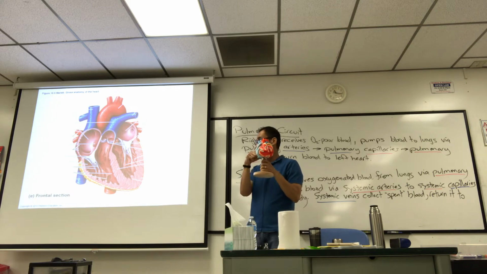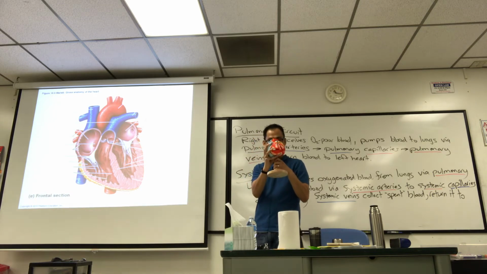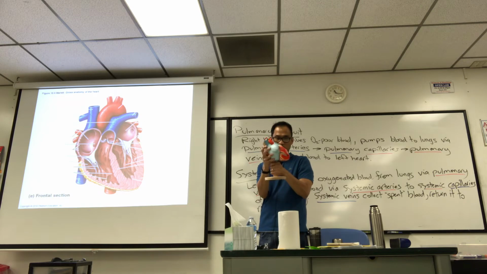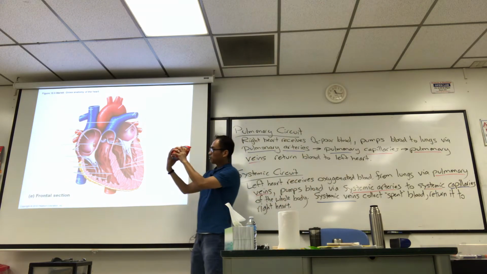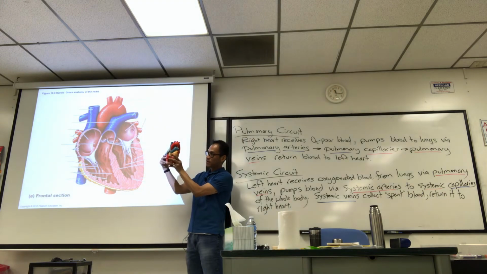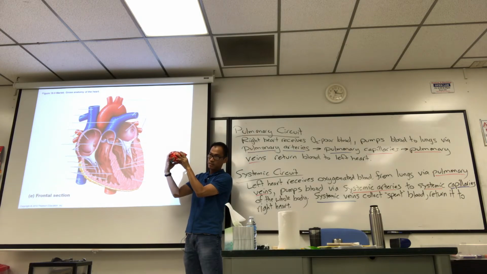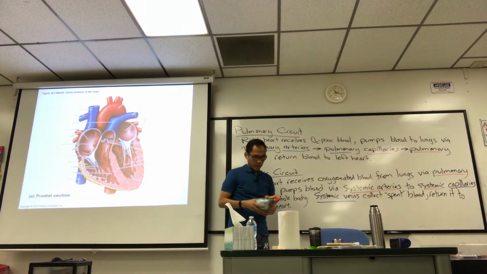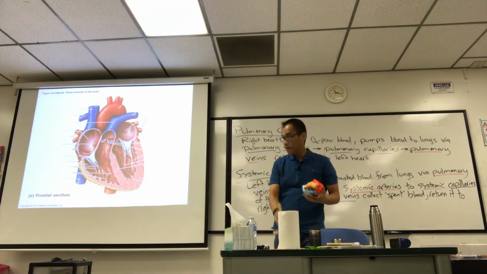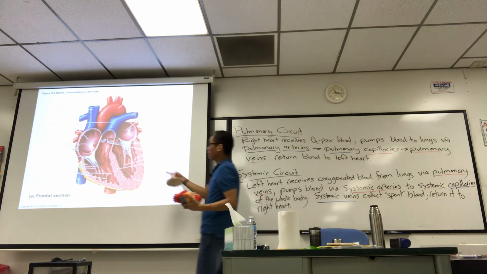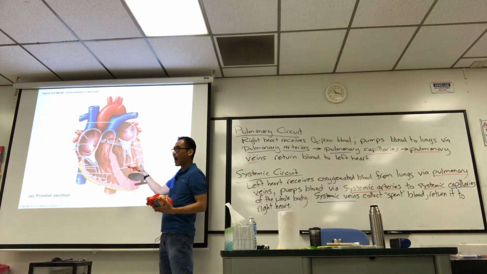So if I make this match that, if I take it off, the picture kind of makes the heart go like that. So you have a more frontal view of everything. But really in the body, it sits like this. So this is correct how it sits in the body. This is just for illustration purposes. I don't want you to think that the atria are above the ventricles. They're not, they're behind them.